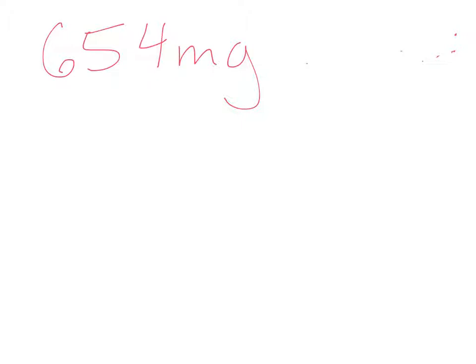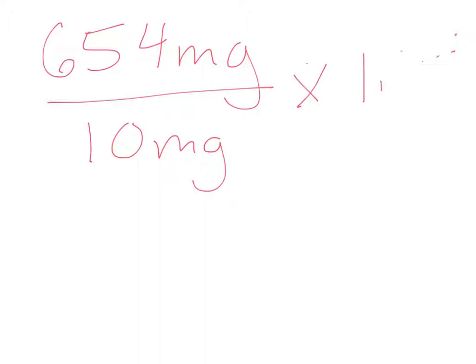That's our D. Our H is how that medicine comes, so 10 milligrams per 1 milliliter. Calculating this out, I would take 654 divided by 10 to get 65.4. So this patient would receive 65.4 milliliters of this IV.